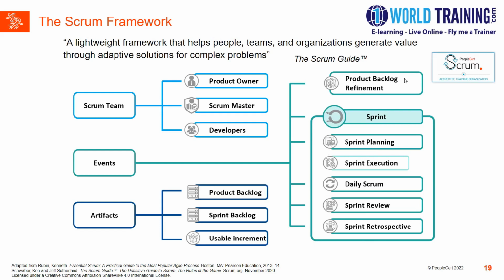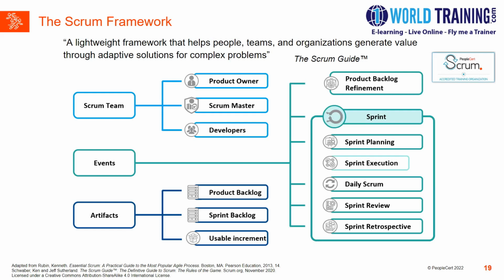In the product backlog refinement event, it is the responsibility of the product owner and the development team to prioritize all the user stories based on the latest requirements received from the business, the customers, or stakeholders. The refinement of the user stories has to be done on a recurring basis.